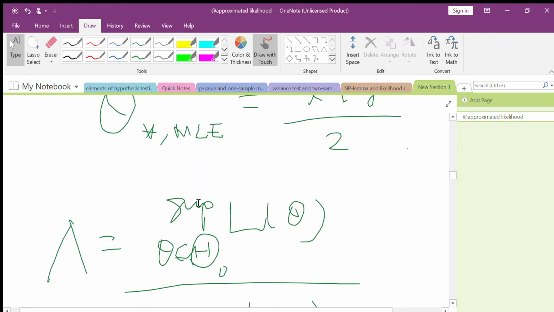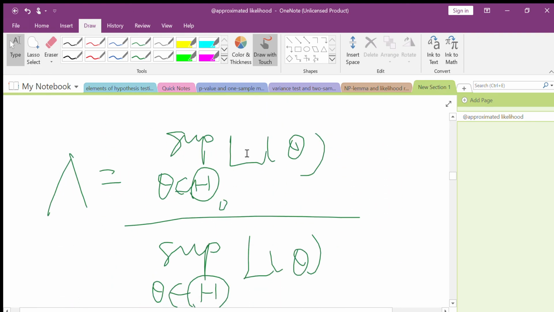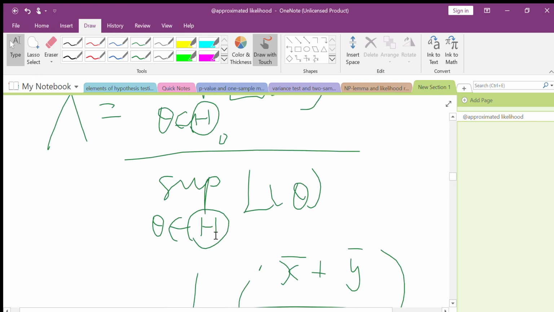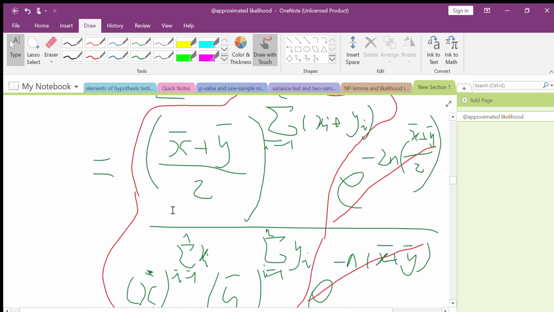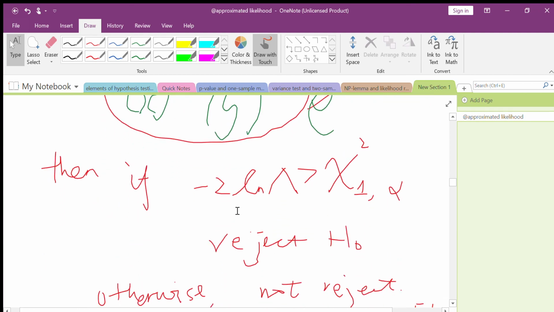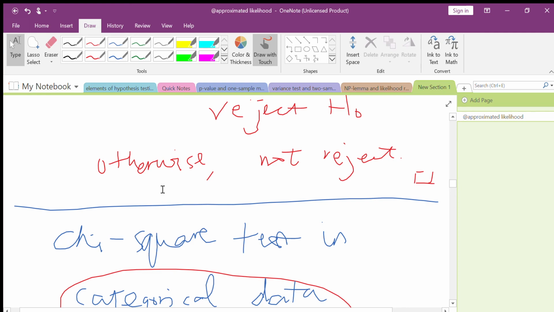We get the MLE. Then we plug in this maximum to the numerator and the maximum to the denominator. We get the likelihood ratio capital Lambda in this form. Then we use the theorem: if -2 log Lambda is greater than the chi-square alpha quantile with degree of freedom 1, we reject H0, otherwise not reject.